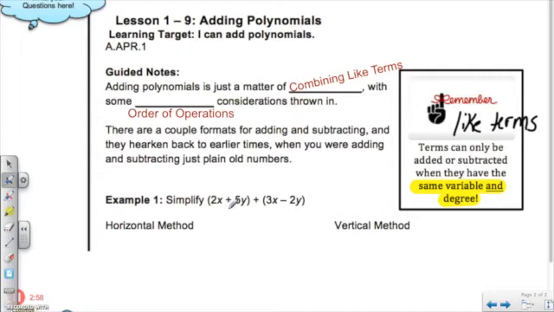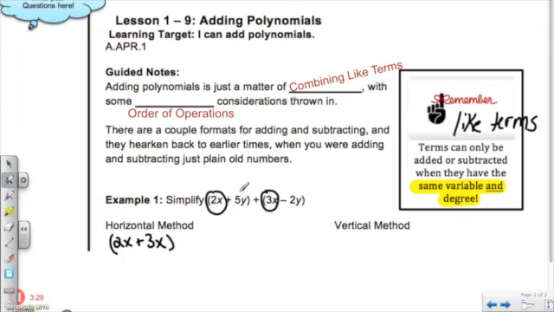Remember that we have the associative property of addition that says that if all I'm doing is adding here, I can group them however I want, which means I can take this 2x that's like terms with this 3x, and I can add those together, or use my commutative property to change the order so that those are near each other, and use the associative property to group them.